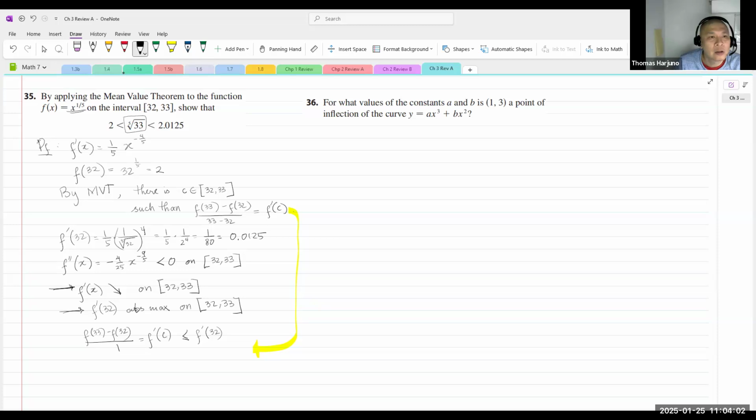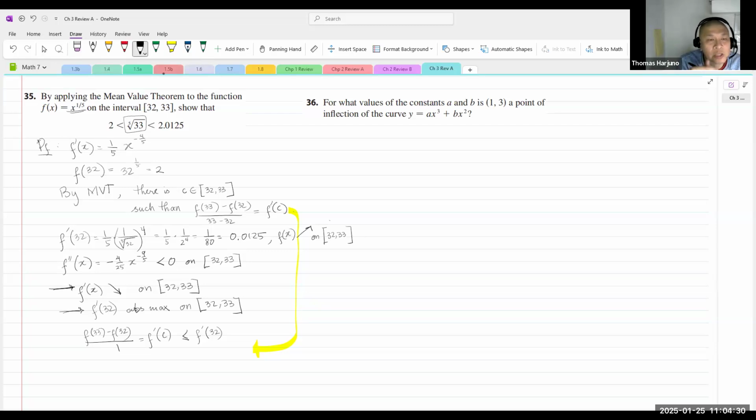Okay. Another thing is, because f prime of 32 is positive, then f(x) is increasing there. It is actually increasing throughout the interval from 32 to 33.